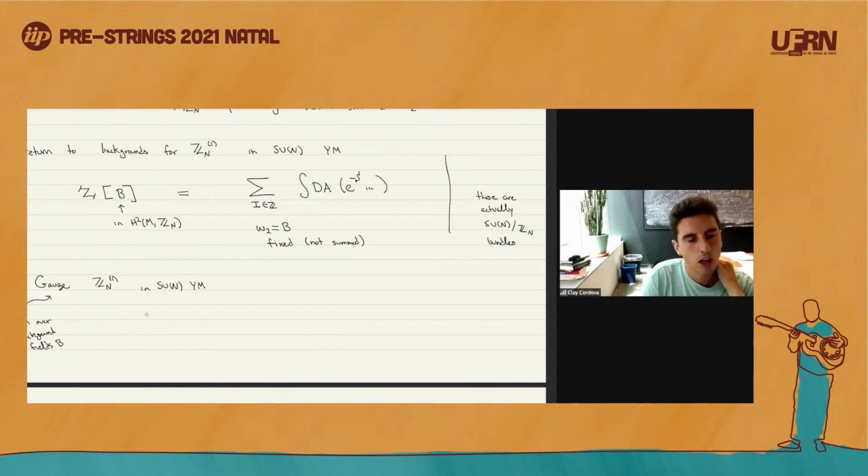So we've already learned what it means to study the theory in the presence of a fixed background field. But what happens if we do the sum over B here? Well, summing over B, this reproduces exactly the SU(N) modulo Z_N path integral.